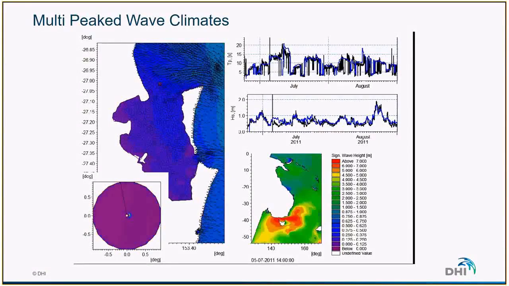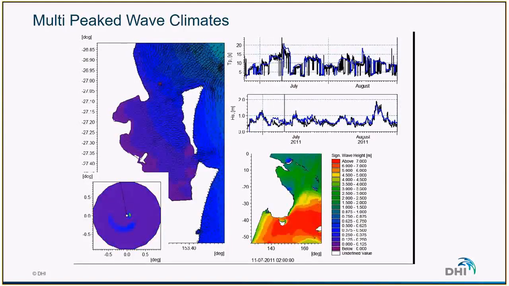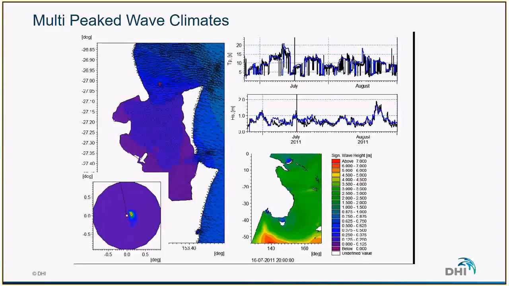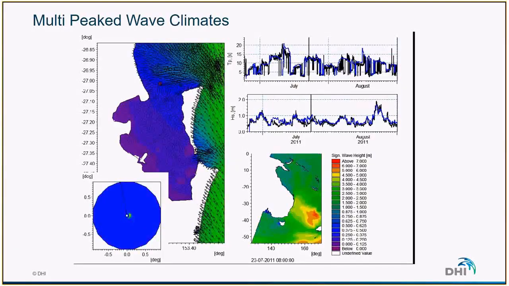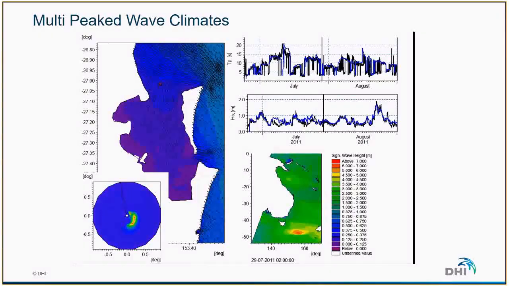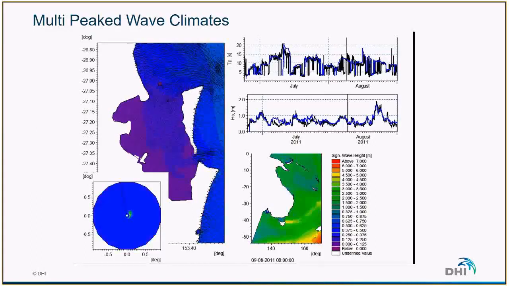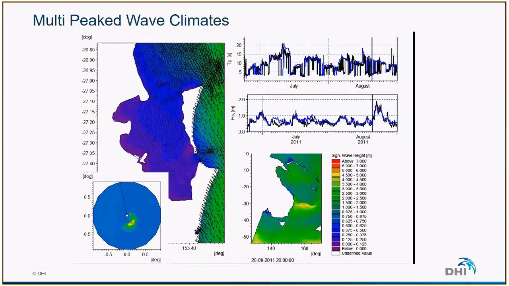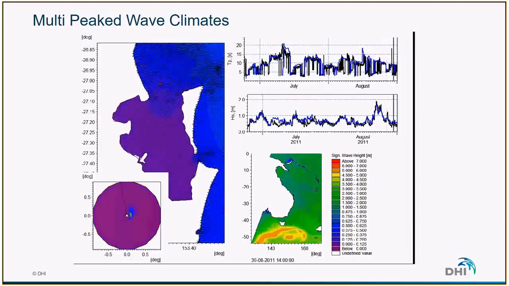So this is an example of a multi-peaked wave climate. On the bottom right, we can recognize Australia, where significant wave height is displayed. And on the left, we have a zoom on the Brisbane area. And in the bottom left, we have a representation of the wave energy spectra, depending on the direction and the frequency.